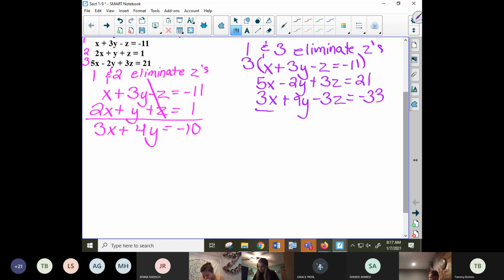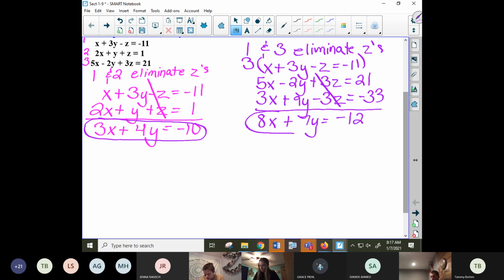Okay, then what I'm going to do is cross these out. My z's cross out and add going down. So this is 8x, -2y plus 9y is plus 7y, and 21 minus 33 is -12. So now if you look at these two equations, this one and this one, I have two equations that have two variables.